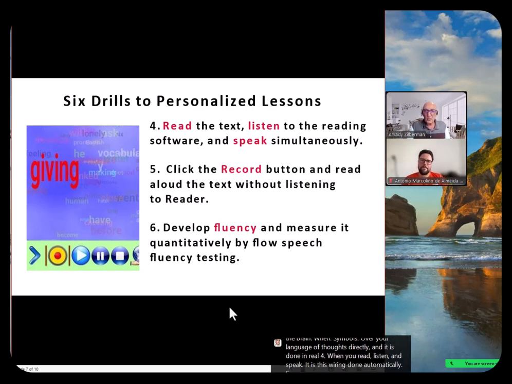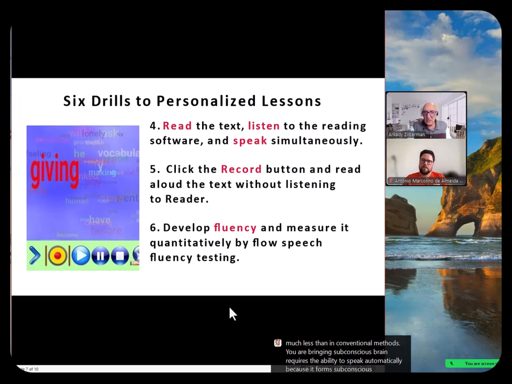So when you do a certain number of lessons, by the way, much less than in conventional methods, your subconscious brain acquires the ability to speak automatically because it forms a subconscious speech center in the brain, which whenever you have a thought, will produce required language patterns. It would not recall words. We do not recall words. We do not structure sentences or analyze structure. You understand it?